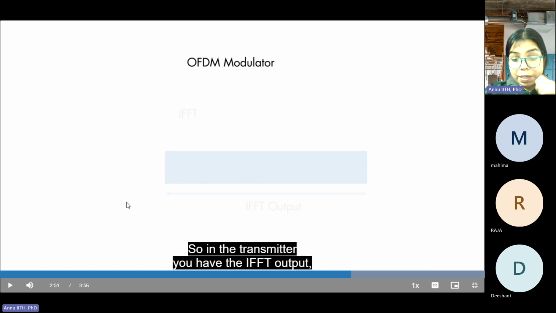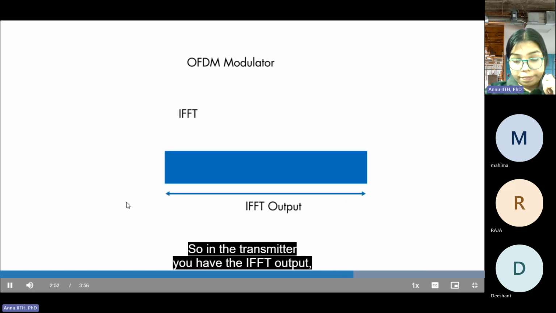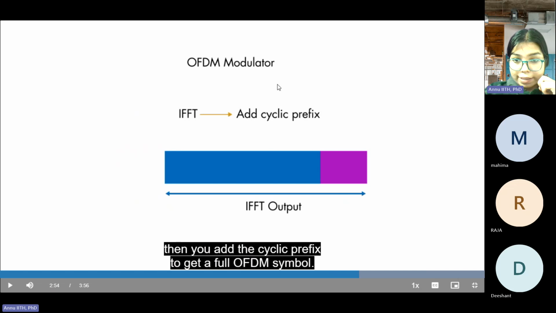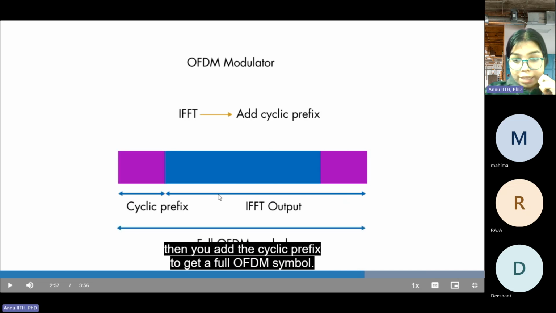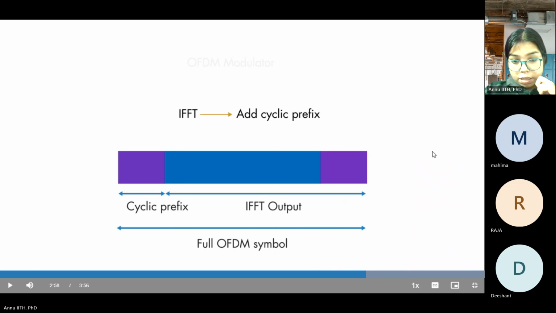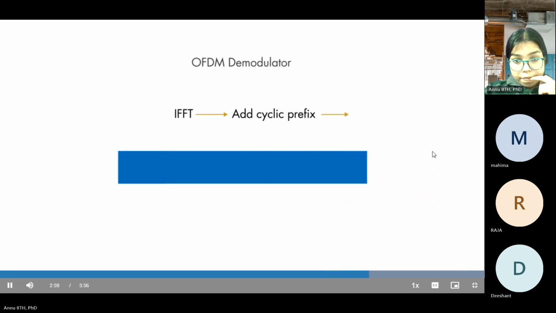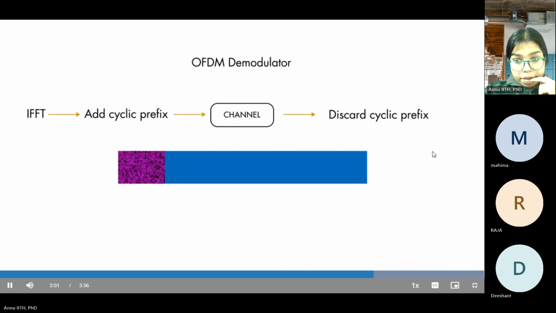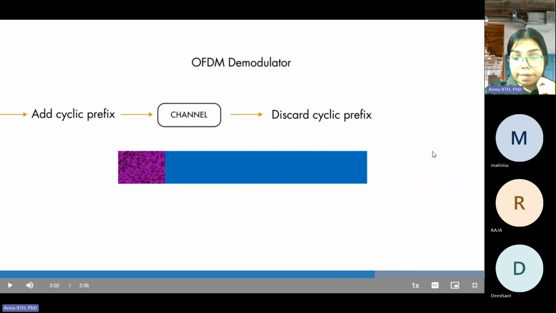So in the transmitter, you have the IFT output. Then we add the cyclic prefix to get the full OFDM symbol that is periodic in nature. And at the other end, the receiver, the operation is reversed: the cyclic prefix is discarded.